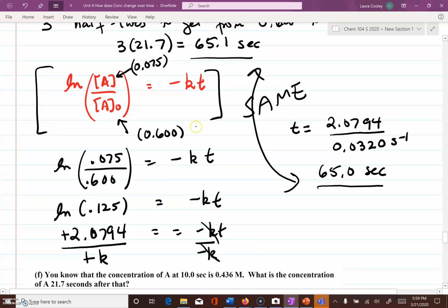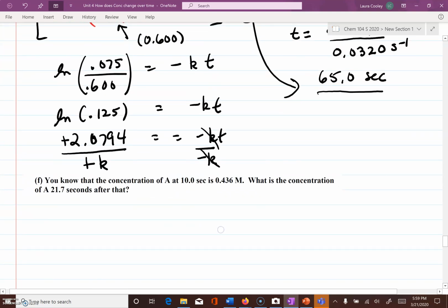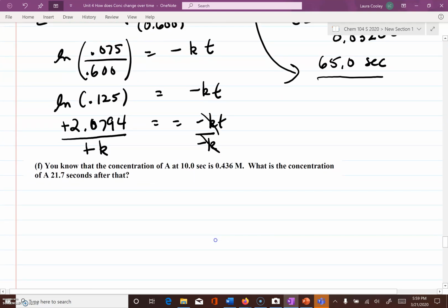Okay, so here it says, if you know the concentration of A at 10 seconds is 0.436 molar, we did that earlier. What is the concentration of A 21.7 seconds after that? Well, you have to recognize that since we just calculated it, the half-life is 21.7.